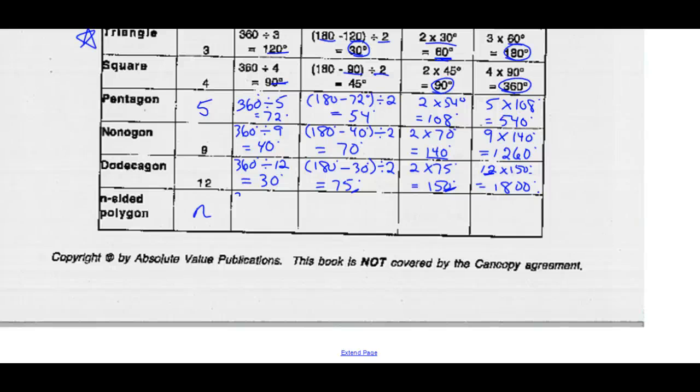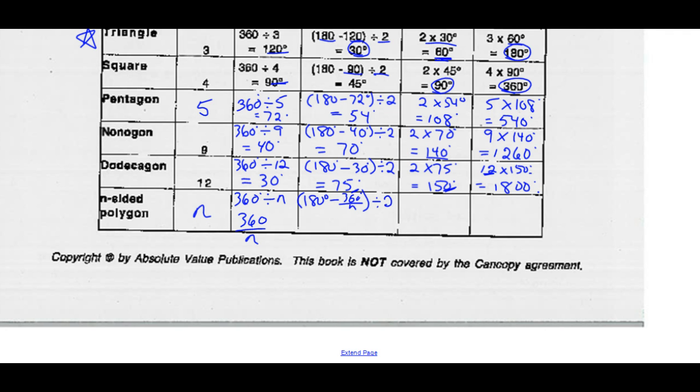So you take the central angle, 360 degrees, divided by n. Well, that's the best you can do. 360 divided by n, or you might want to write it as a fraction, 360 over n. All right. How do you find the measure of the equal angles in the isosceles triangle? Well, what have we done? We went 180 degrees minus that central angle of 360 degrees divided by n.